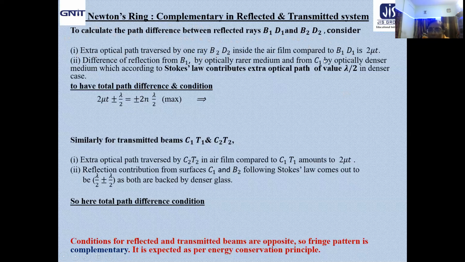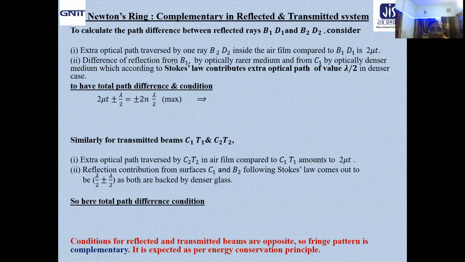That is, B2 D2 is more than B1 D1, and that is calculated to be 2μt, where t is the thickness of the film at the point B2 and μ is the refractive index of the air film under consideration.